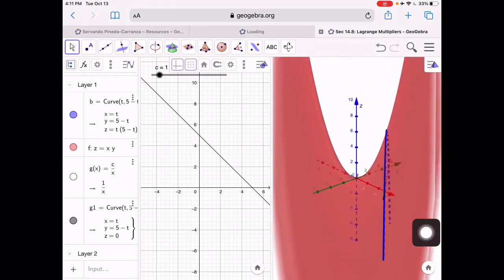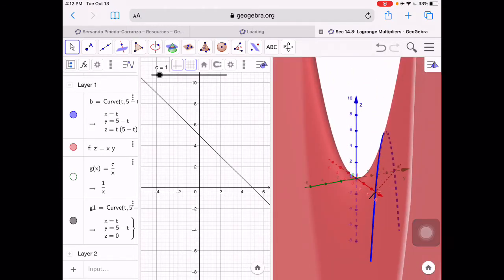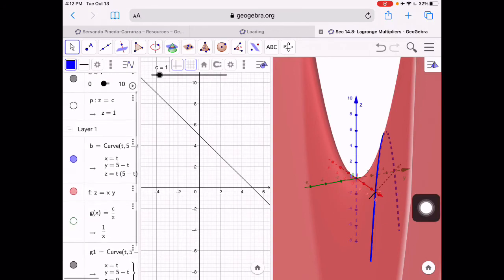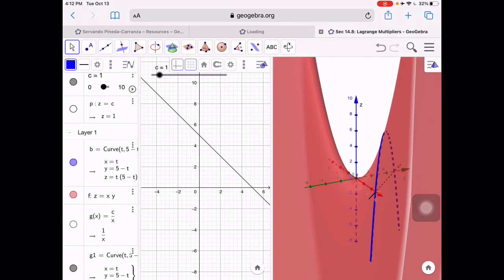Now, what I want us to do is consider the level curves of my function A, which equals x times y. Okay. Right now A is acting like the z variable, the output. Let's look at what happens if we let z equal different values.